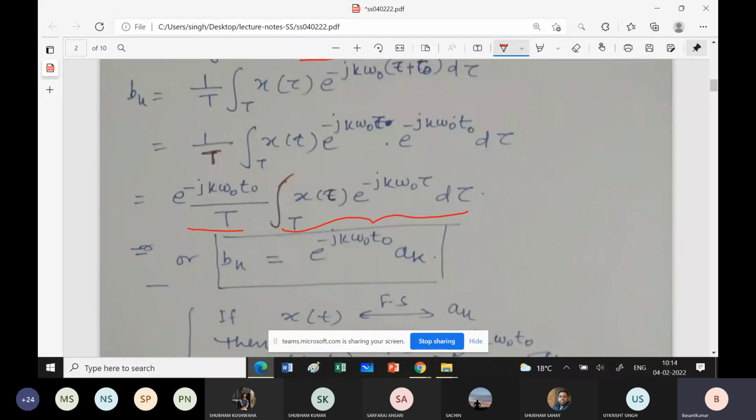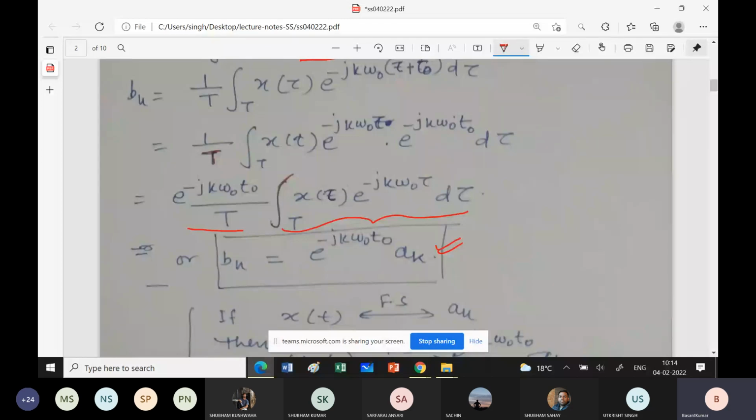Now I have just revised the lecture note so that each step is clear to you, and I will take the benefit of that by just skipping those detailed mathematical treatments. So what you observe here is this relation. So b_k and a_k are related, and I think you can easily convince yourself, because a similar kind of expression you will observe in the case of a Fourier transform, which you have done at some stage or in some course.